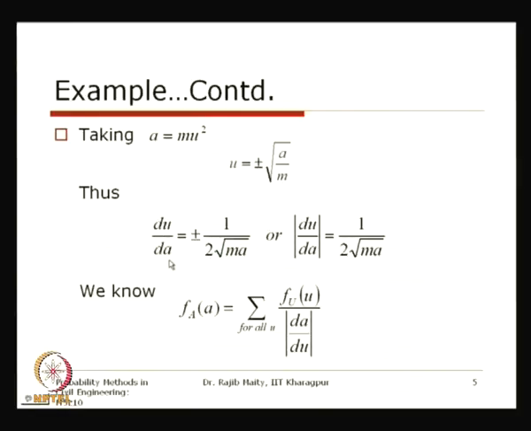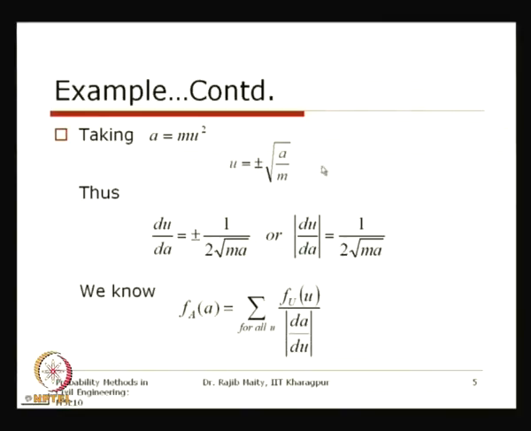If we do this derivation, it comes to 1 by 2 square root of m A, and its absolute value is the positive root, that is 1 by 2 square root of m A. Now, to get the distribution of A when we know the distribution of u, we multiply by the Jacobian, or divide by the absolute value of dA by du, and we do it for all the roots.